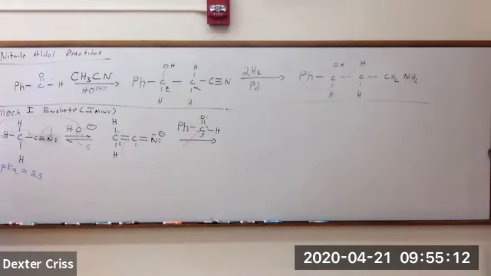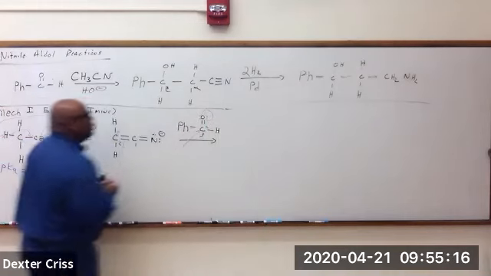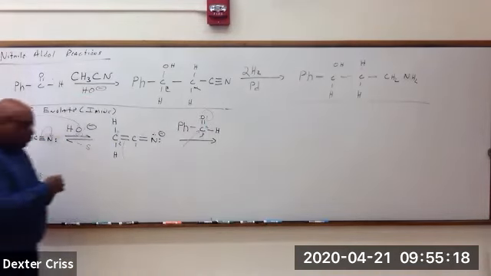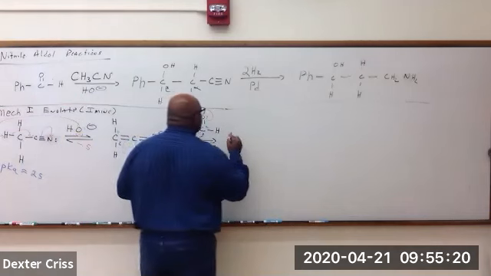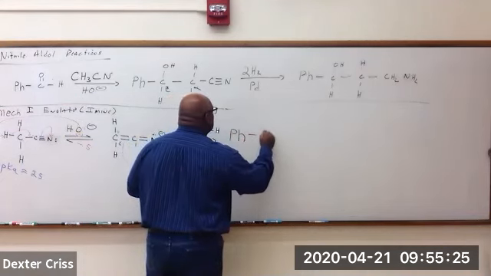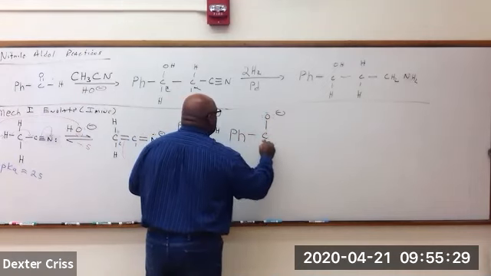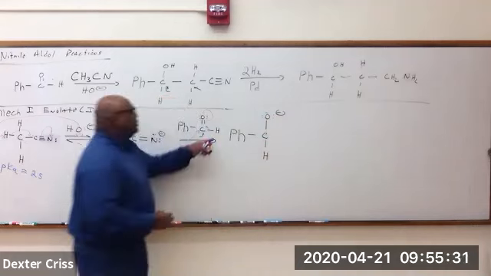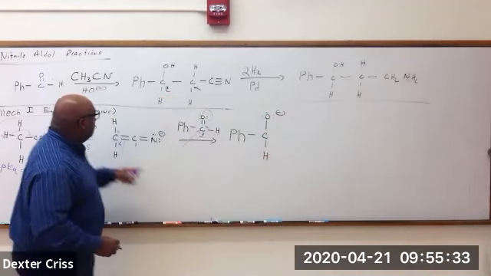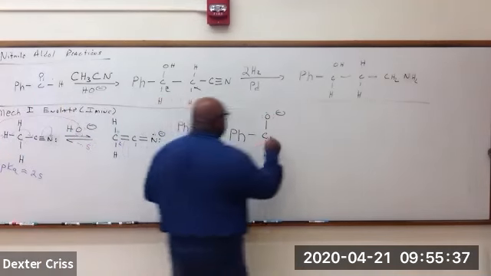So it attacks the carbonyl carbon, and the electrons go up onto the carbonyl oxygen like so. As I always say, you have to be a gymnast of sorts. So I'm going to swing this hydrogen down. And now the coupling occurs between carbons 2 and 3.